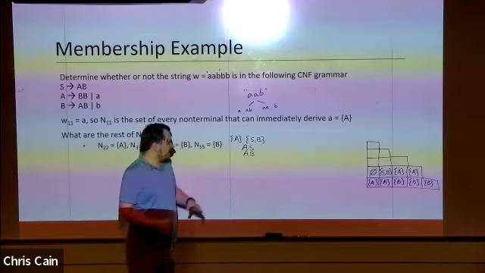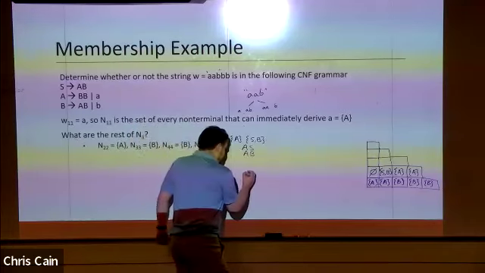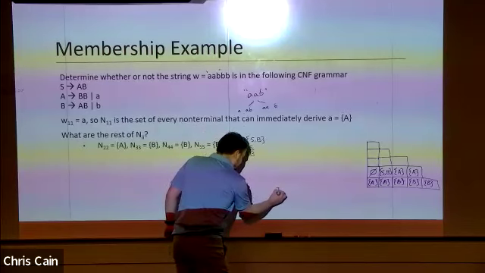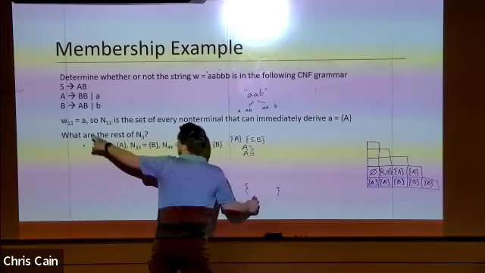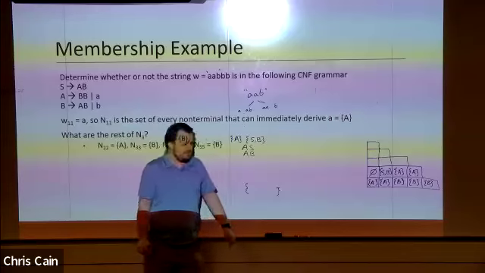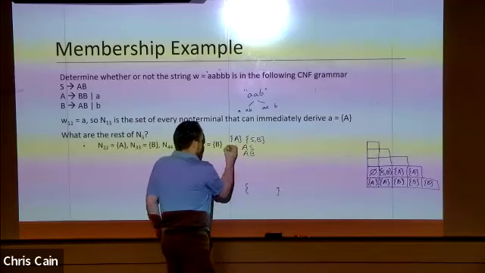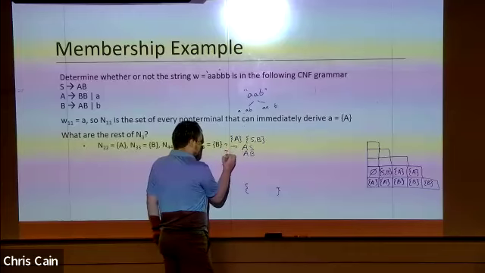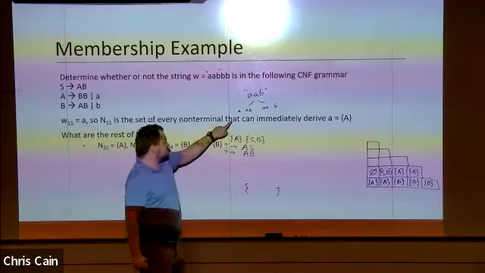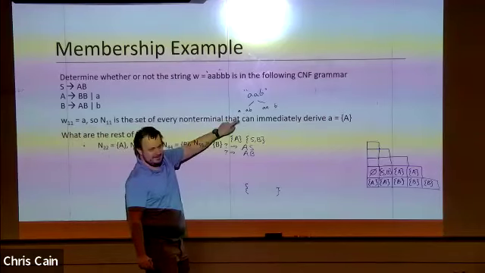So what we're going to add to a large set of possibilities is we eventually want to find all such non-terminals that can generate any one of these breakdowns. And we have found that any production of the form question mark arrow AS and question mark arrow AB are capable of producing this particular breakdown.